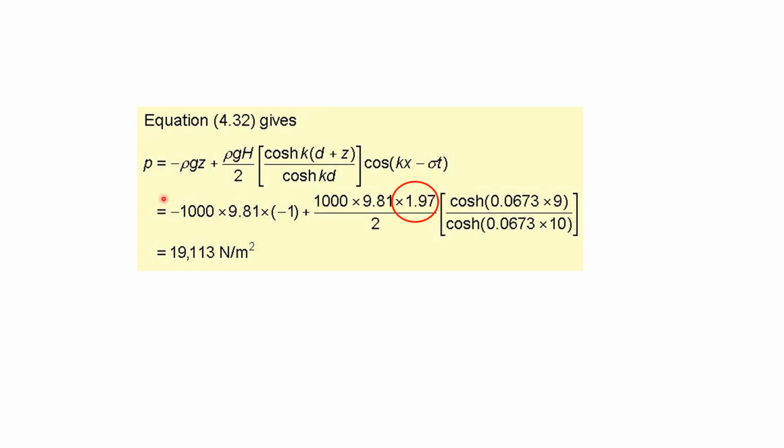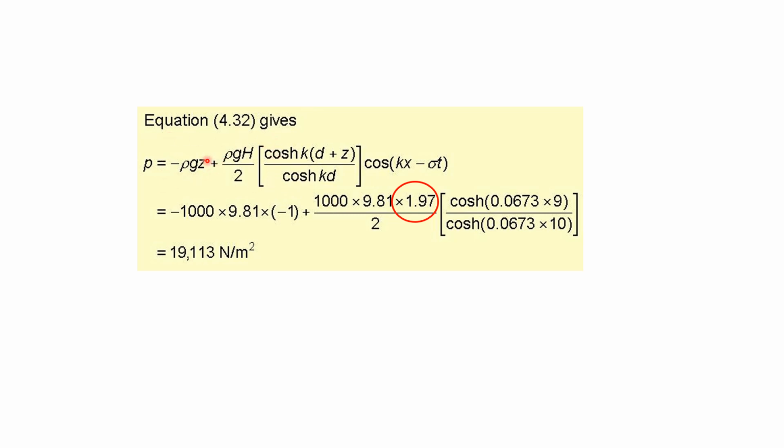So you notice that the hydrostatic pressure is a positive value in the water column. Over here we have rho g H over 2. H is the wave height at this location where the water depth is 10 meters. We want to find out at this location what the wave pressure is, so we use the wave height at this location. And then we have the hyperbolic term.